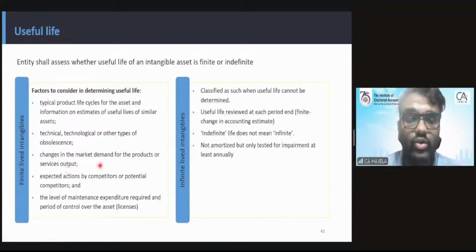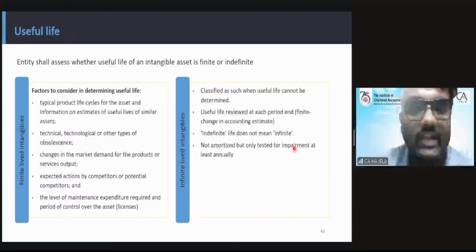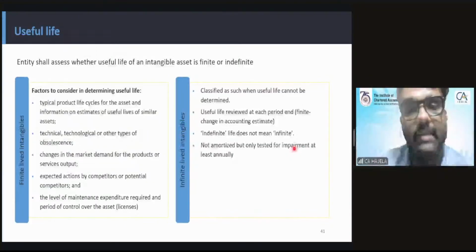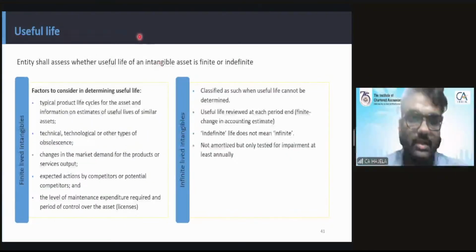So all those intangible assets which have indefinite lives are tested for impairment annually. इसके बारे में हम पढ़ेंगे in the next 5 minutes in detail: what is an impairment study, what are the factors of impairment. Abhi we are studying about intangible assets.